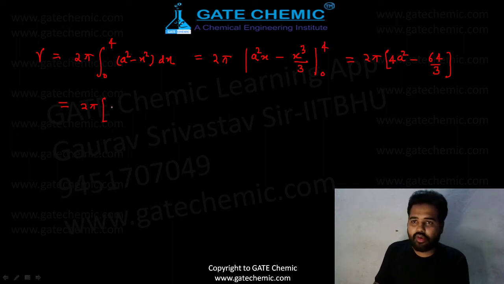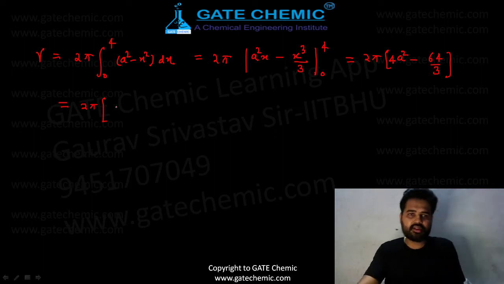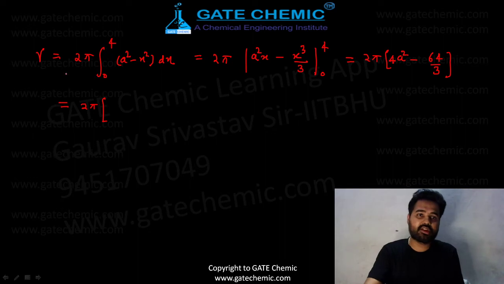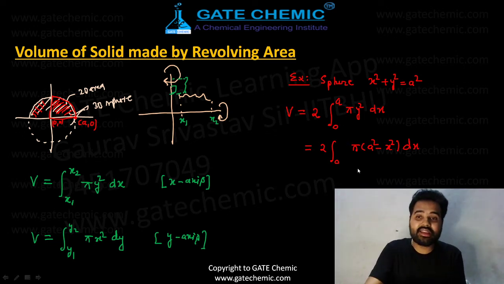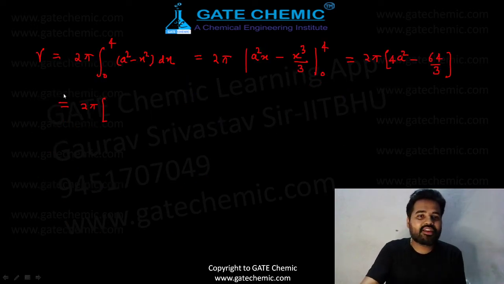Now, something is missing here. Our limit was, oh sorry, our limit was 0 to a, it's not 4. I mistakenly read a as 4. Don't do this in the exam. This is not 4, this is a.